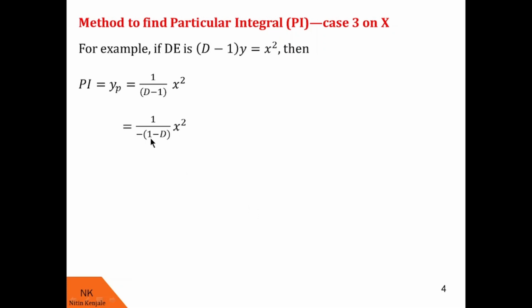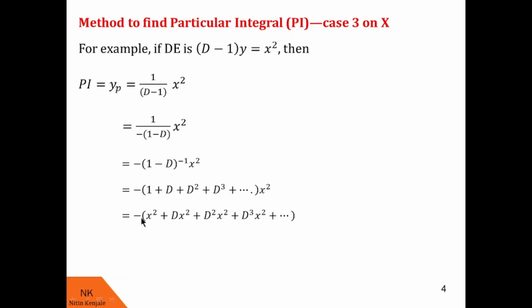Now doesn't it look like 1 minus phi of D? Yes. So let us take it in the numerator. Now we have (1 minus phi of D) inverse. We can expand it with the help of the power series that we have seen already. It can be written as 1 plus D plus D square plus D cube and so on, of x square. Now let us take this x square inside.